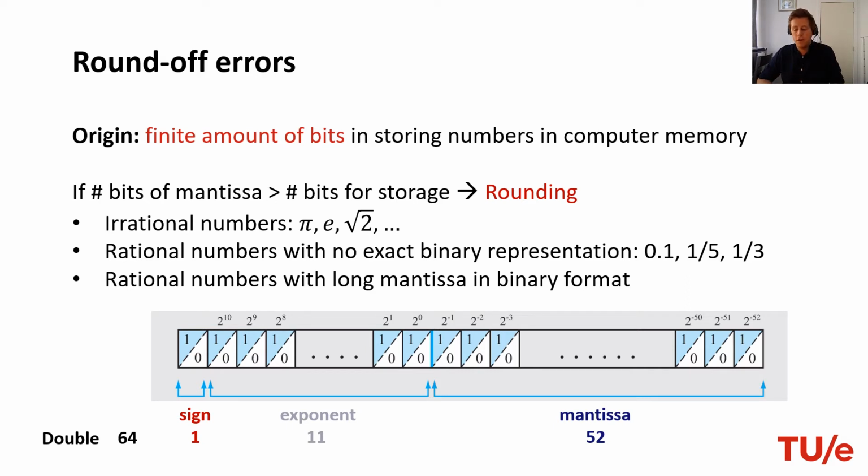And this is also the case for numbers like 1 over 5, 1 over 3, 1 over 7, etc. But even rational numbers for which we can get an exact binary representation, but which feature a very long mantissa, for example using 60 bits, would also need to be rounded in order to store them in a double precision IEEE floating point number.